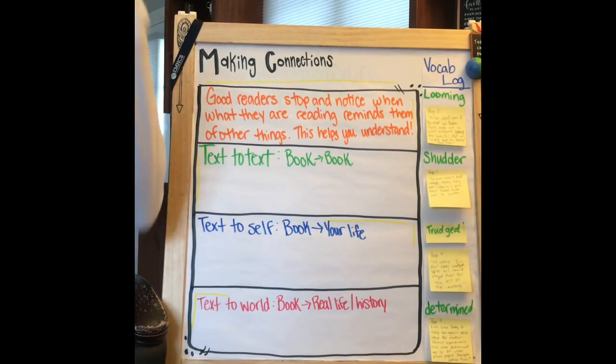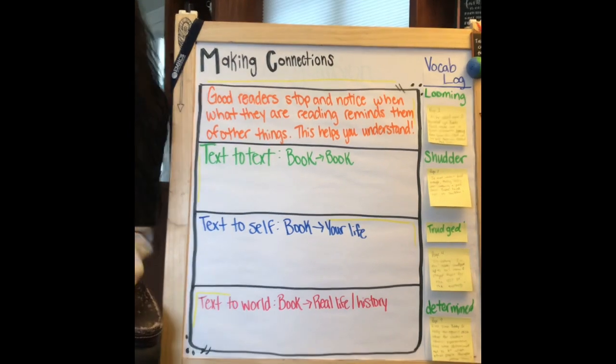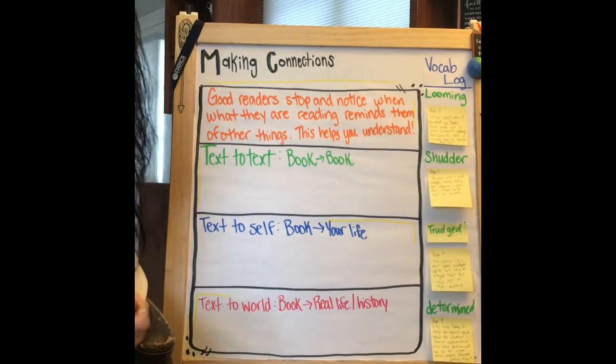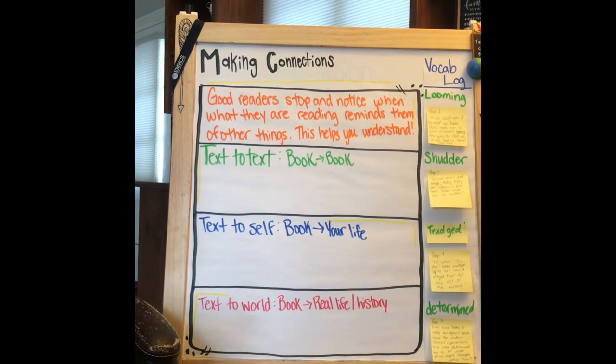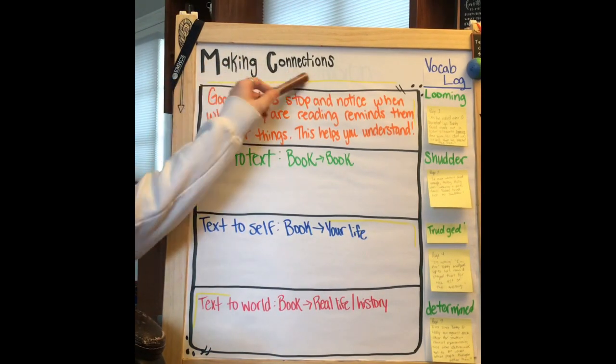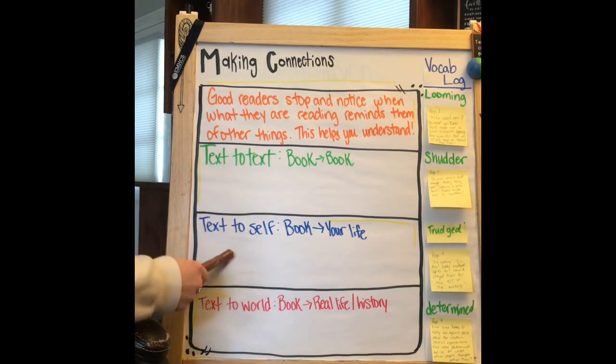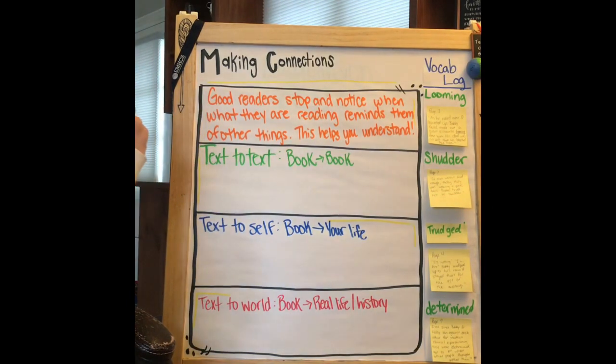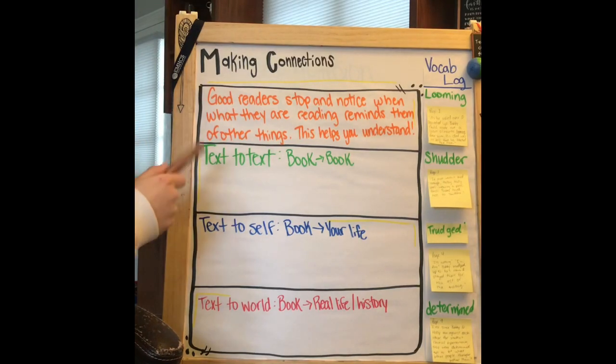All right, making connections. There are 3 types of connections you can make as you're reading a book, and since we are reading a book that is about a 4th grade boy and his journey through school and with his family, I thought this is a great place to start. Good readers stop and notice what they are reading reminds them of other things.